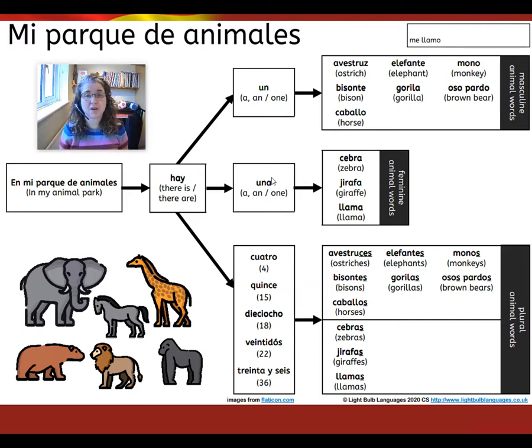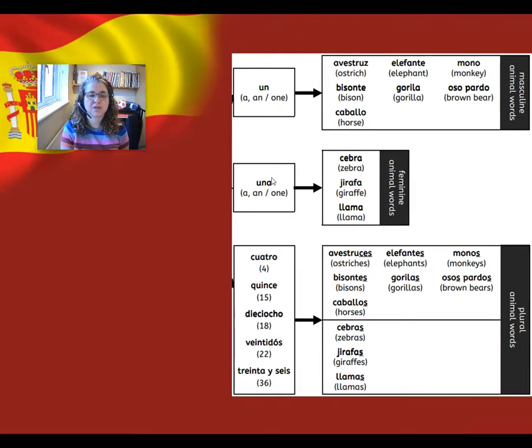Now it could be one of the animal, un or una, but of course it could be more than one of the animal. There wasn't space to put in all the numbers that you know, so there's just a few examples there. And then, of course, the animals will be the last thing in the sentence. So let's take away everything except the numbers of animals. There we are. And let's see if you can work out how to say these phrases.